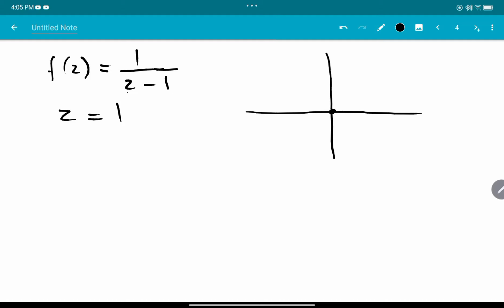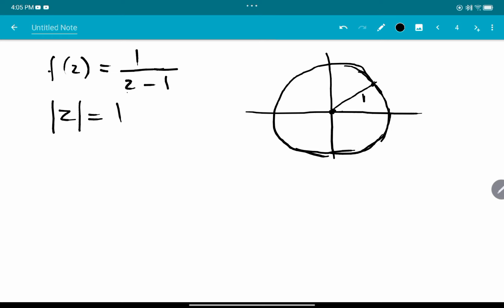Now suppose this is 0, and this is say z equal to 1 here, mod z equal to 1. This means that this point is the singularity of our function. At this point, it is not analytic. If we take a circle of radius 1 like this, then we say that this circle is the disk of convergence.